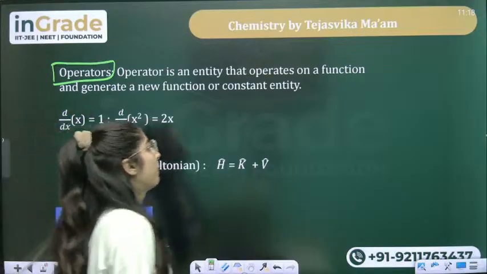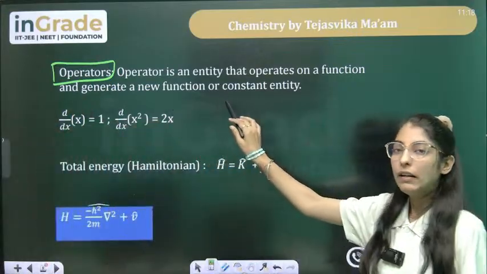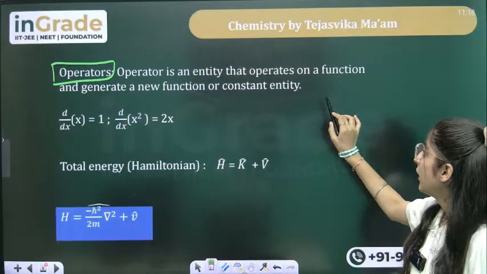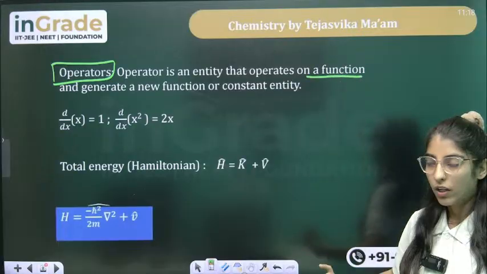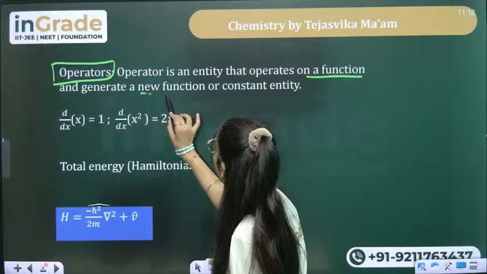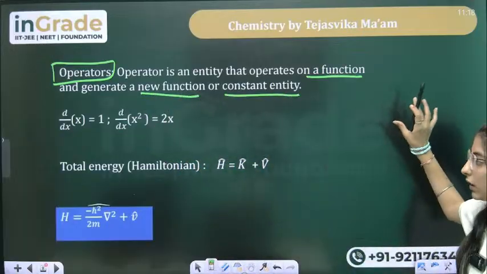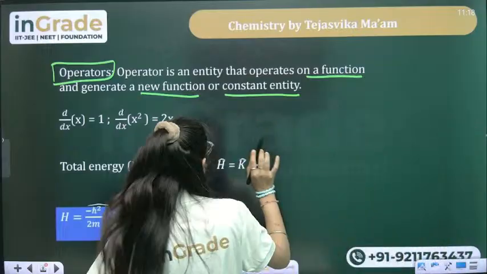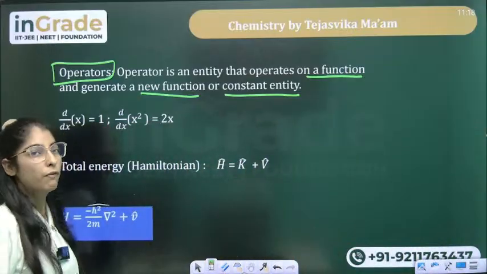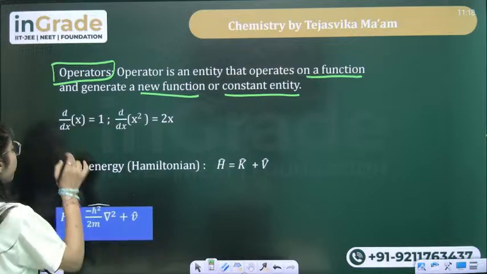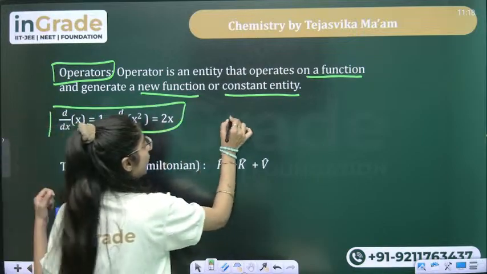Next, let's see what is the meaning of an operator. Basically, students, an operator is an entity that operates on a function and generates a new function or constant entity. Ma'am, what does that mean? It simply says, let me take an example. I hope you are all familiar with differentiation.